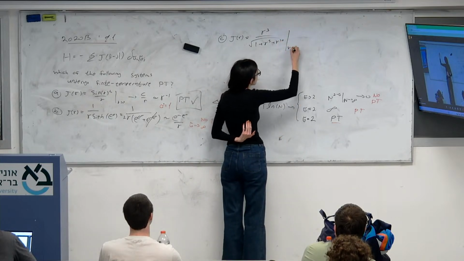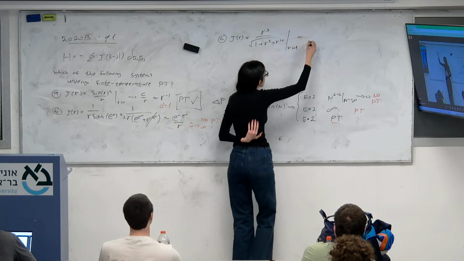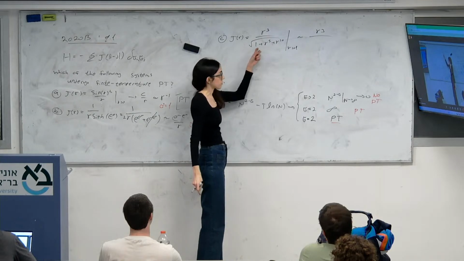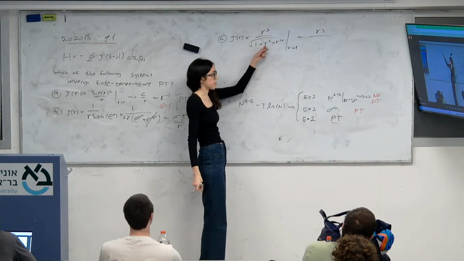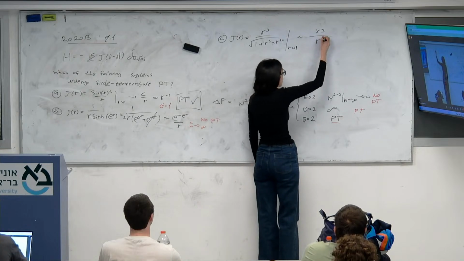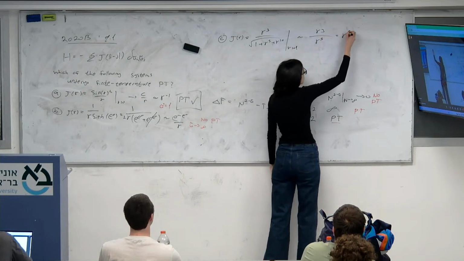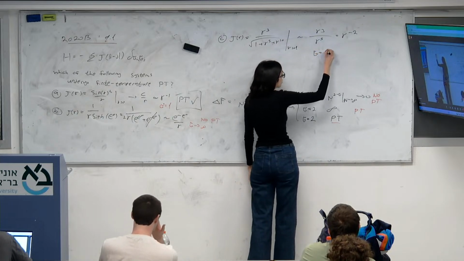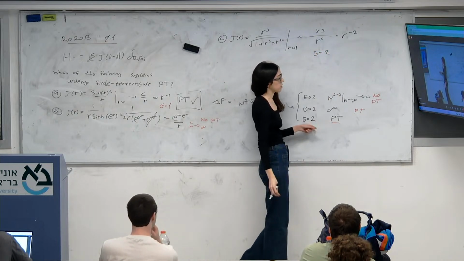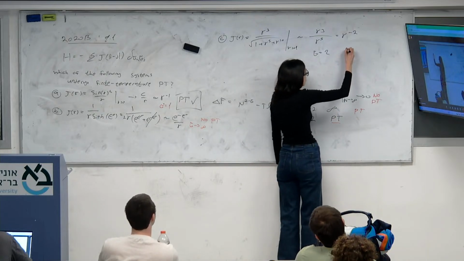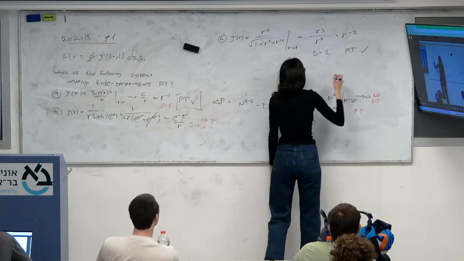So if r is very large, 1 is negligible compared to that, and r to the 5 is negligible compared to r to the power 10. So this is just r to the 5. So this is r to minus 2. Sigma equals 2. Yeah, and we saw that this is the boundary case. We do have a phase transition.